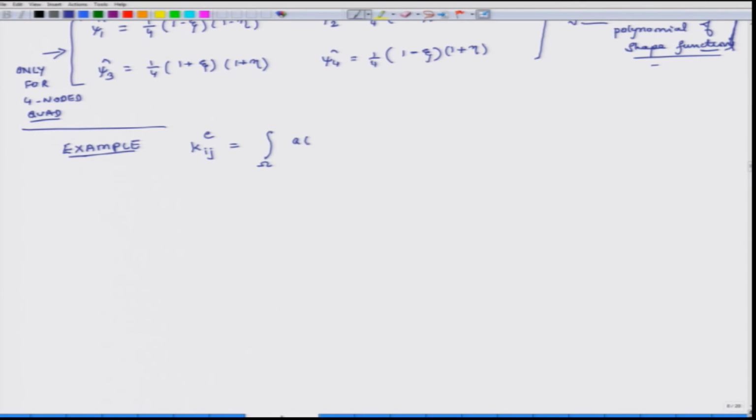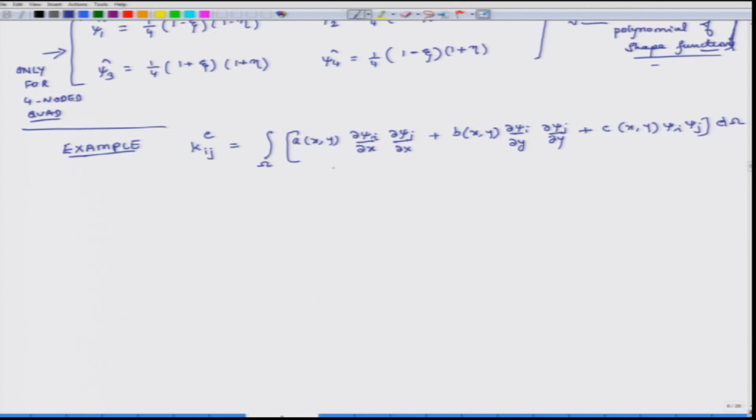We can express it as an integral of a of xy, some constant, times del psi I over del x, del psi j over del x, plus b of xy times del psi I over del y, del psi j over del y, plus c of xy psi I psi j d omega.